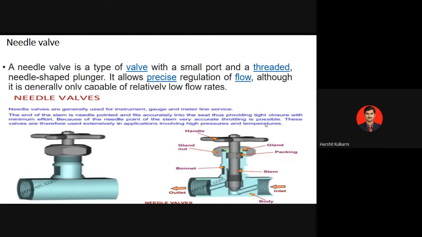You can vary the flow rate accurately. So they are extensively used for applications involving high pressure and temperature. These needle valves are used whenever you need high pressure and low flow rate. But if you want a high flow rate, then we have to go for globe kind of valves. So these are the two types of valves that you have in your study: needle valve and globe valve.